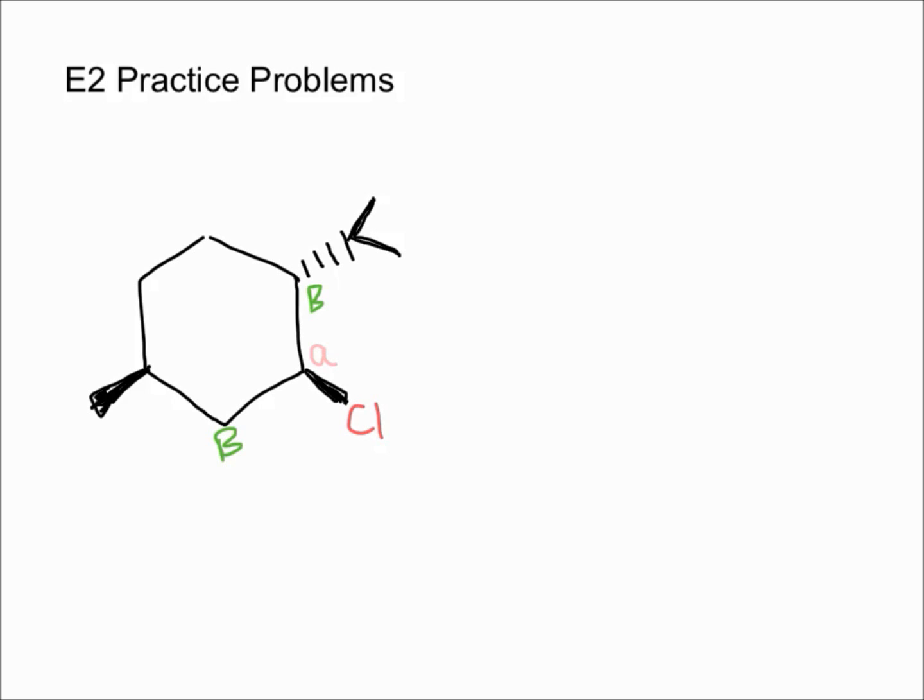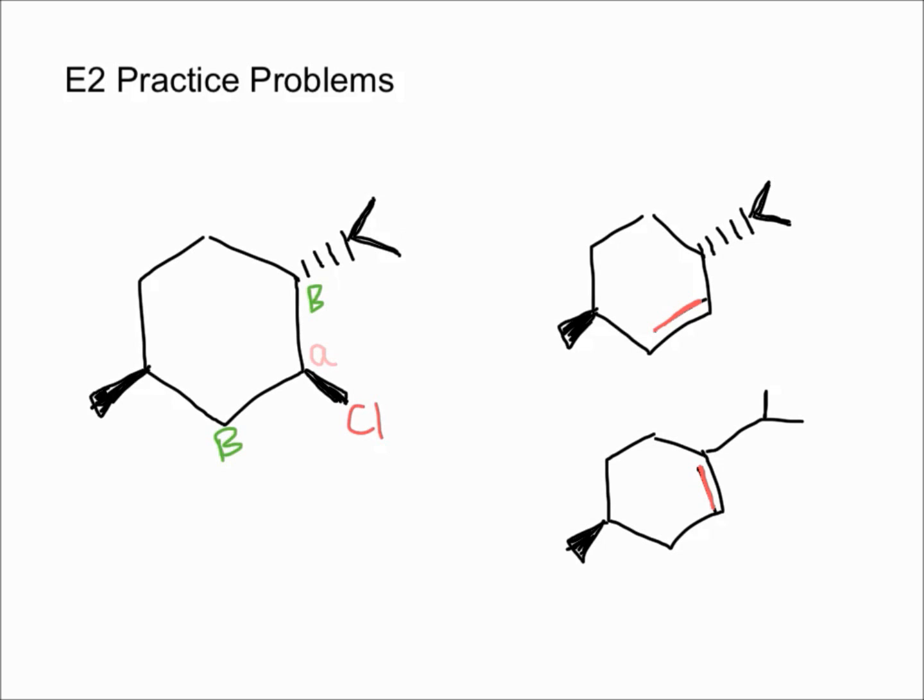This one's a little tricky. You might think there are 2 products, but remember, the beta hydrogen has to be anti to the leaving group, which is the chlorine. That's really important for this. I'll give you a few seconds. You could just pause the video.